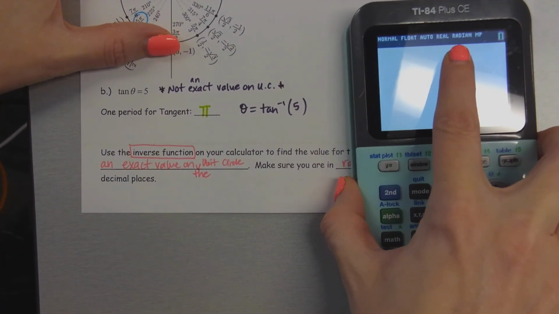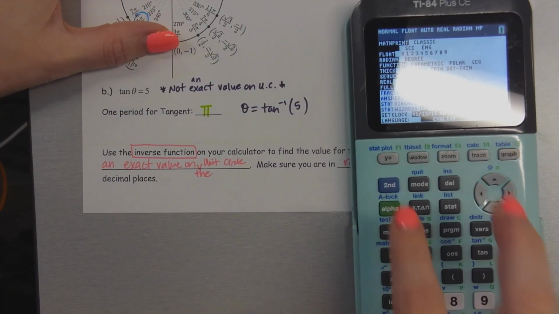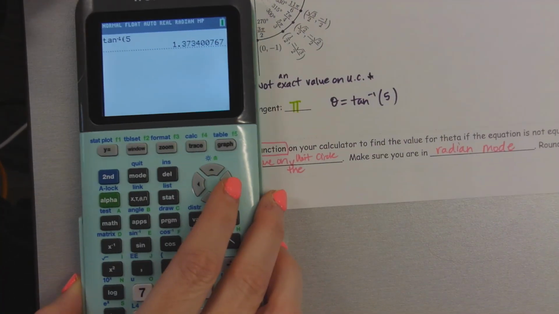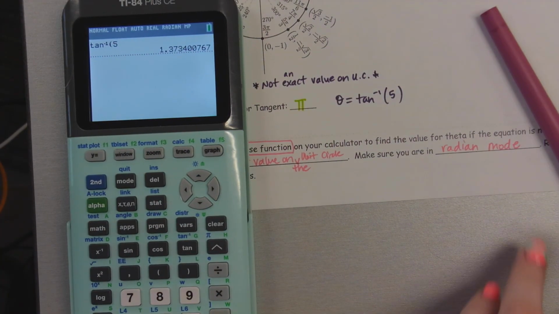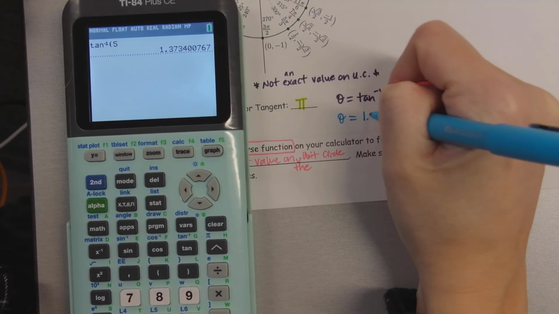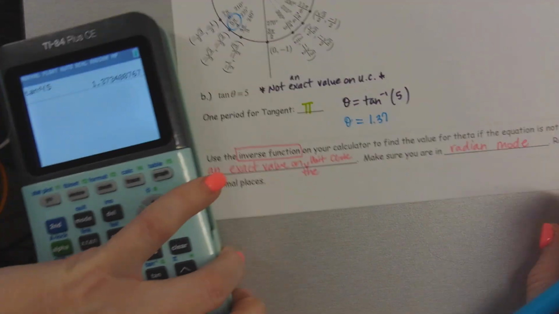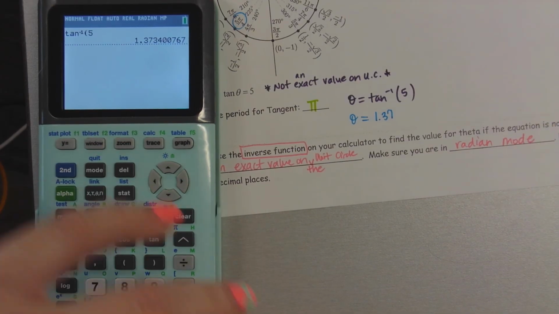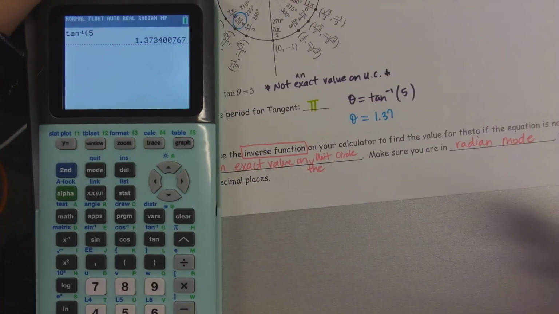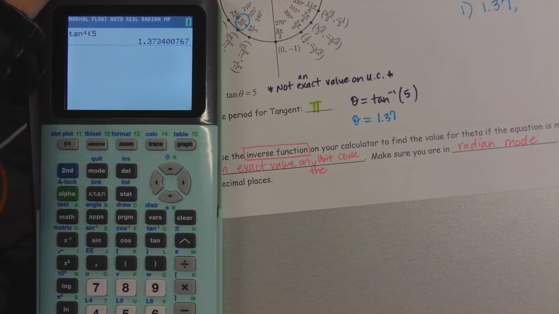Mine does say radian up here. You can also just go to your mode and double check. And then we're going to round to the nearest hundredth. So I got theta is equal to 1.37. That is one of your values. So step one of your answers is 1.37.